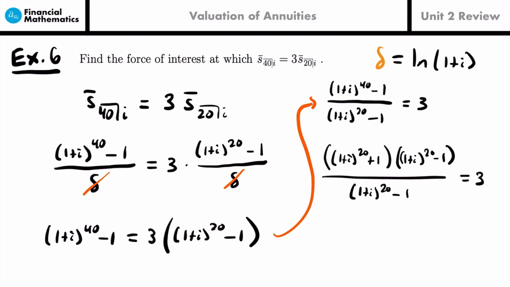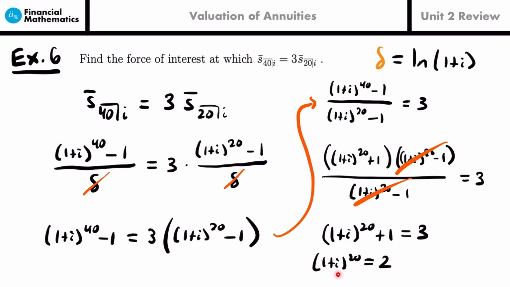Look what we now have: this factor of 1 plus i to the power of 20 minus 1 in the numerator and denominator. They're going to cancel each other out. What we're left with is 1 plus i to the power of 20 plus 1 is equal to 3. If you subtract 1 from both sides of the equation, you get 1 plus i to the power of 20 is equal to 2, since 3 minus 1 is 2.